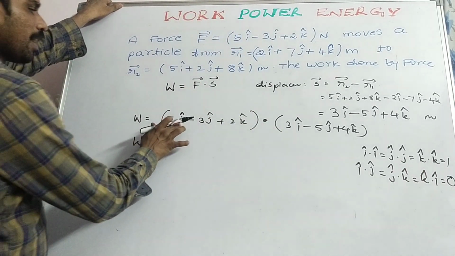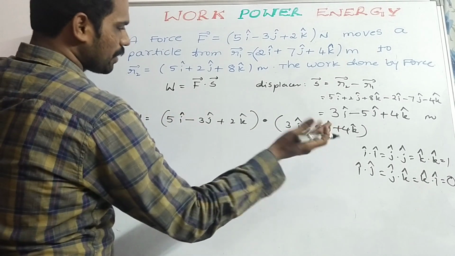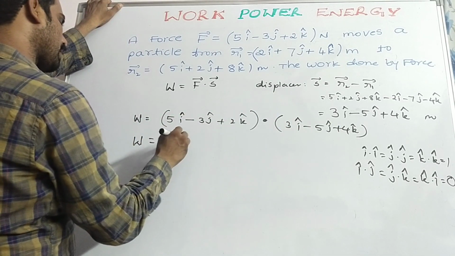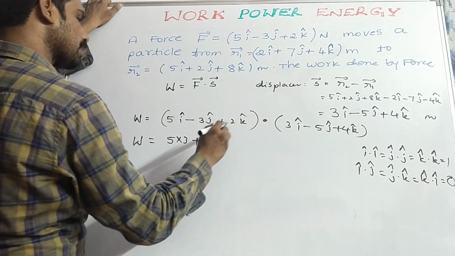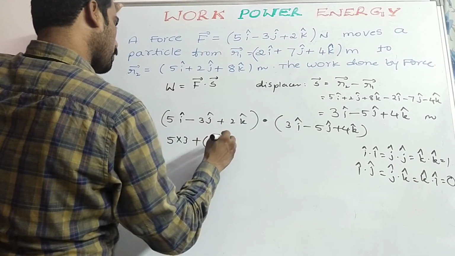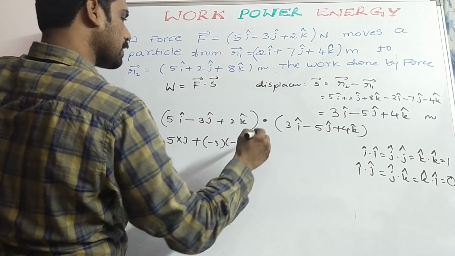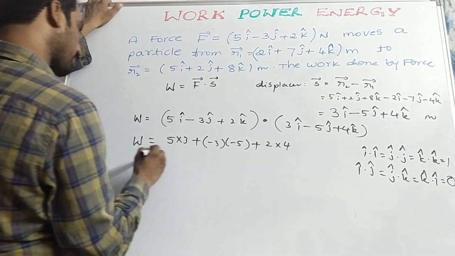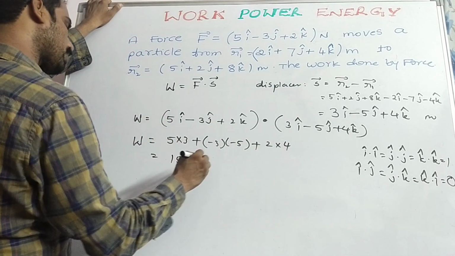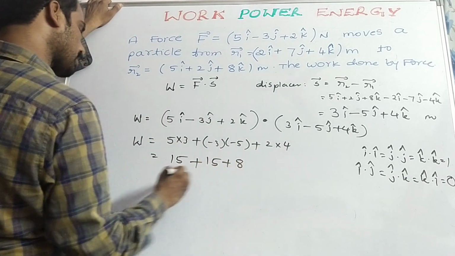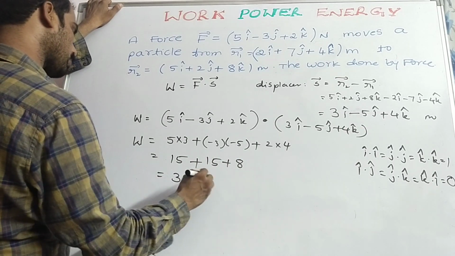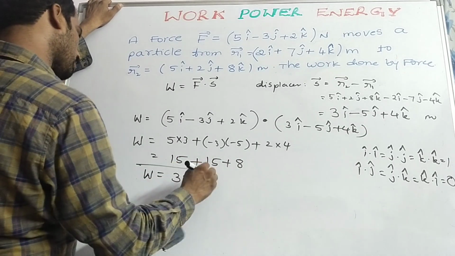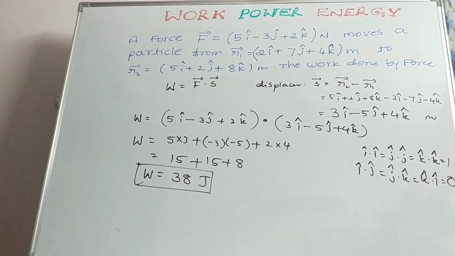That's why i factor must be multiplied with i. That's enough, okay? Shortcut: 5 into 3 plus minus 3 into minus 5 plus 2 into 4. That is equal to 15 plus 15 plus 8, that is equal to 38 joules. W is equal to 38 joules will be the answer.